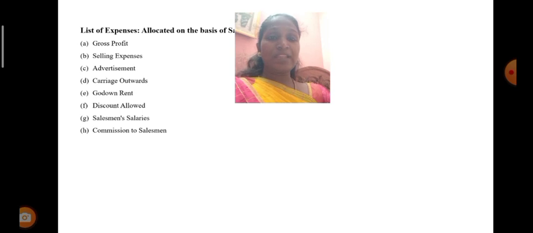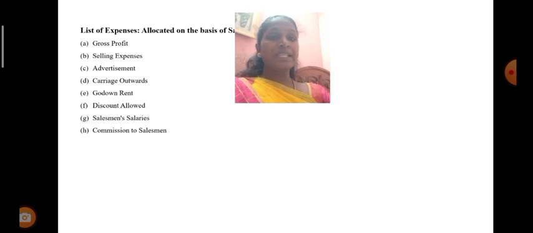For example, selling expenses automatically relate to the sales. When we spend money on advertisement, it automatically increases the sales of the company. So it is calculated on the basis of sales ratio.